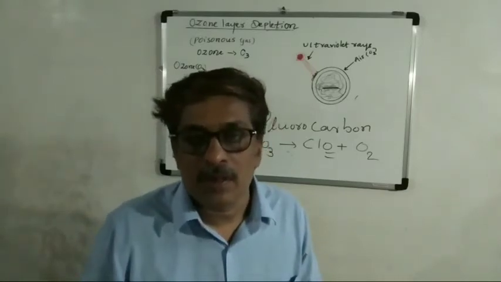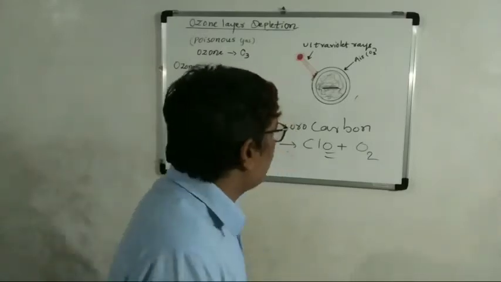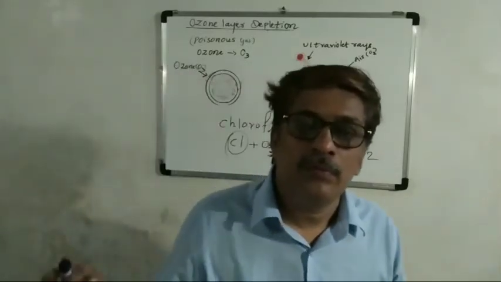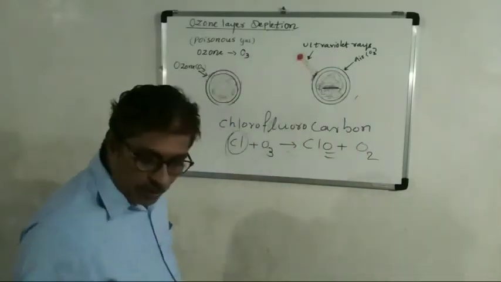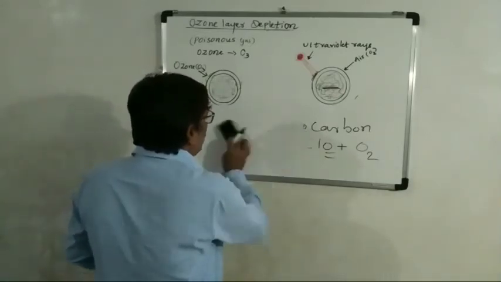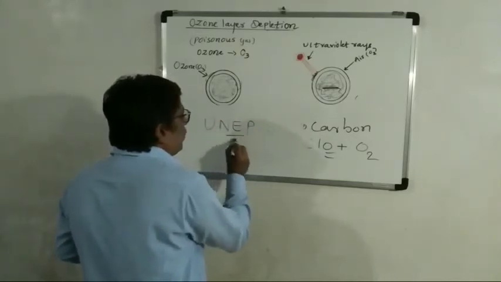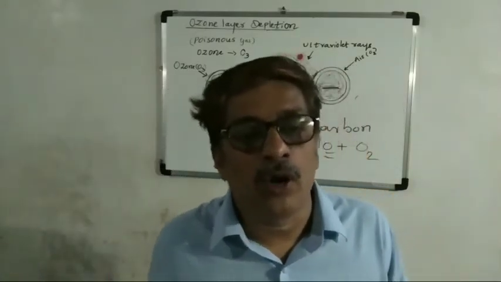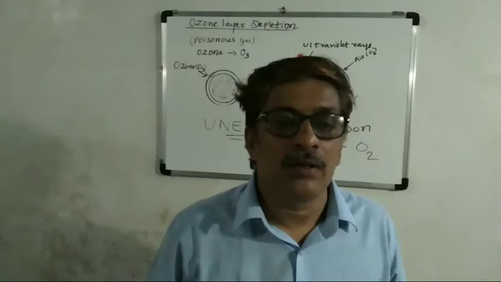Preventing measures. So in 1987, UNEP, United Nations Environmental Programme. Okay, so the short form is UNEP. All governments started new programs all over the world.